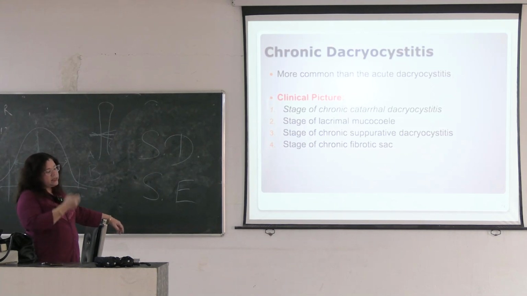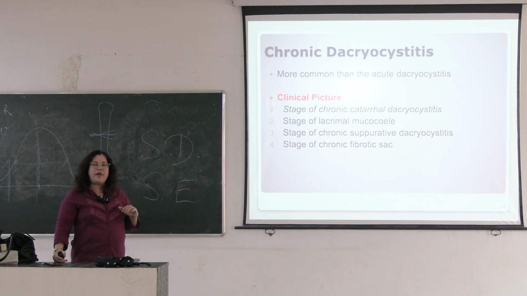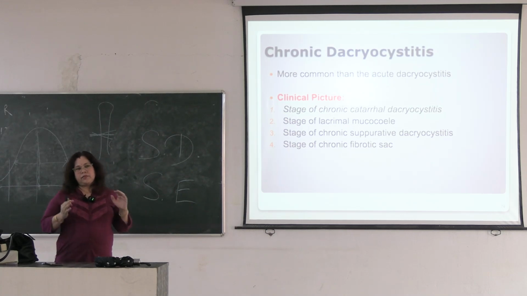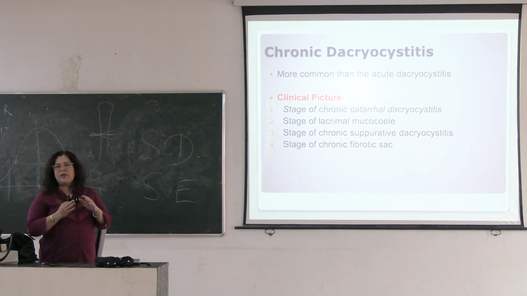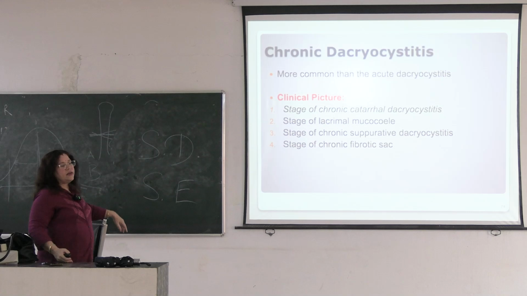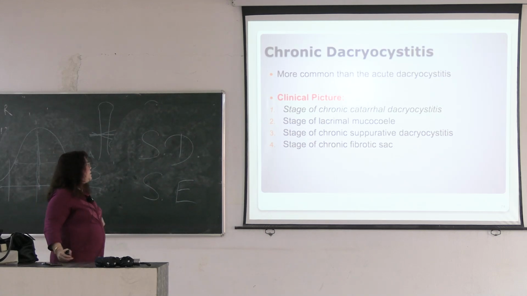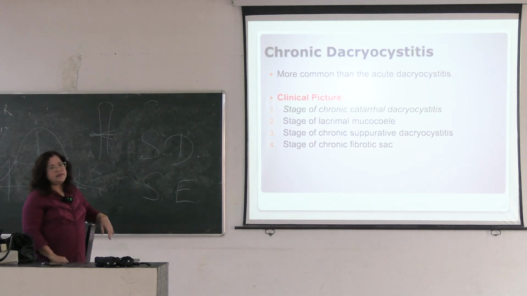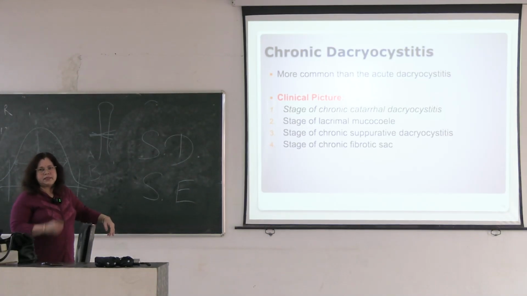Chronic dacryocystitis occurs when the patient suffers from acute dacryocystitis and it is left untreated, it resolves, and after some time it causes chronic dacryocystitis. If the infective organism is of low virulence, or a mild infection is present for a long time, then we also find chronic dacryocystitis. This dacryocystitis is divided into 4 stages.